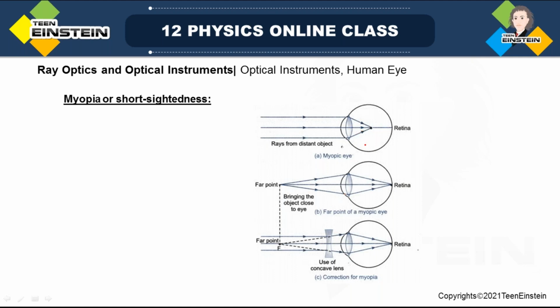So to correct this problem, that means if somebody cannot see far-off objects but can see nearby objects, what you have to do is somehow bring the very far objects to the near point of the myopic eye.